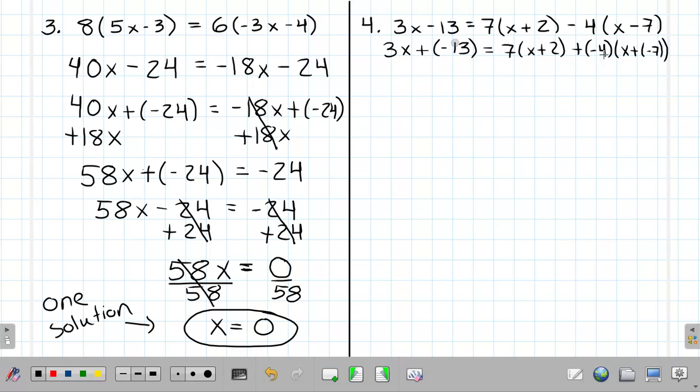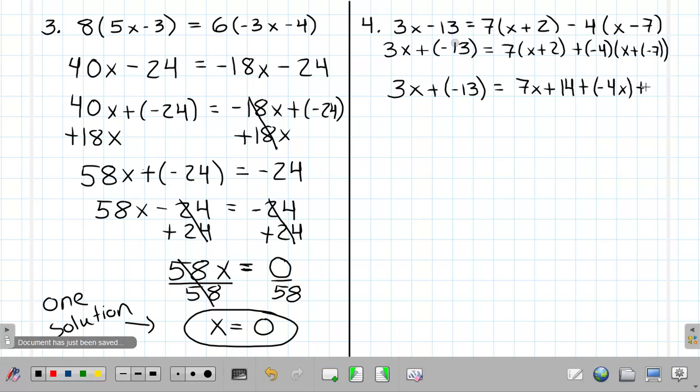So we're going to distribute that -4. So we have 3x plus -13 is equal to, well, here I've also got to distribute a 7. So 7 times x is 7x plus 7 times 2 is 14 plus -4x plus -4 times -7 is +28.